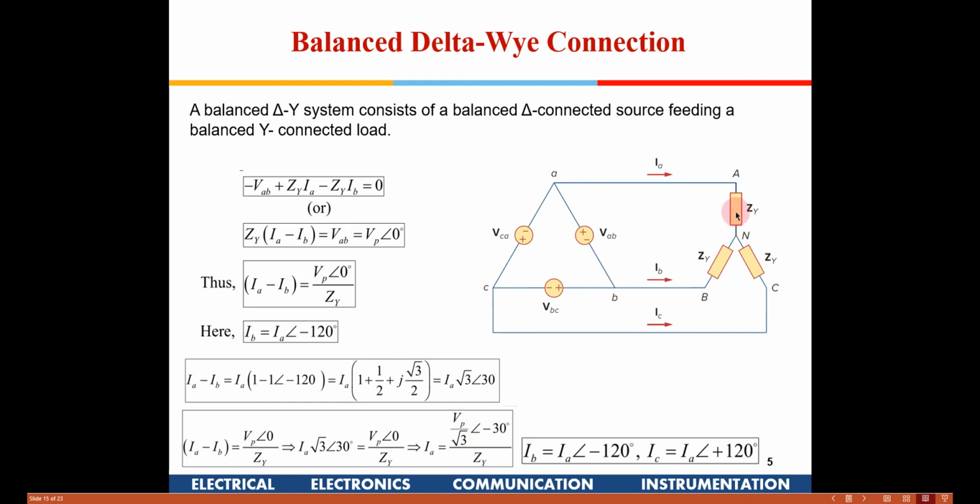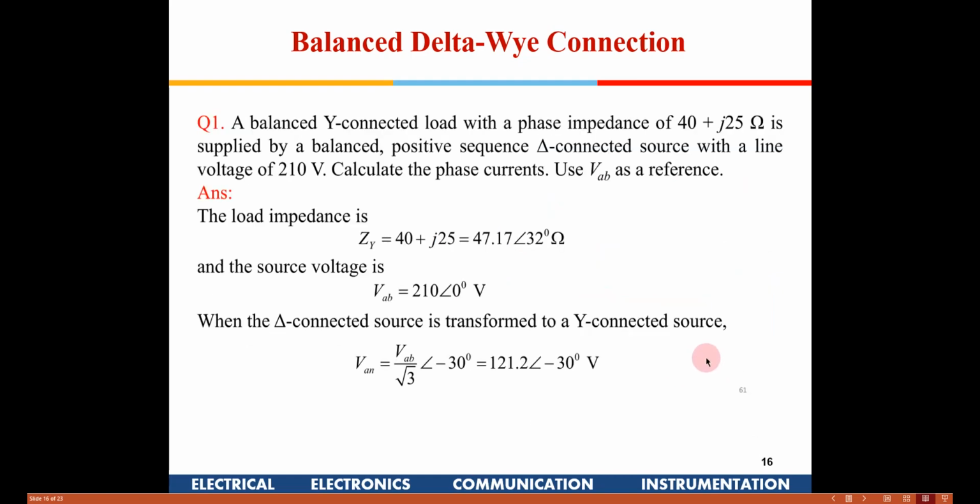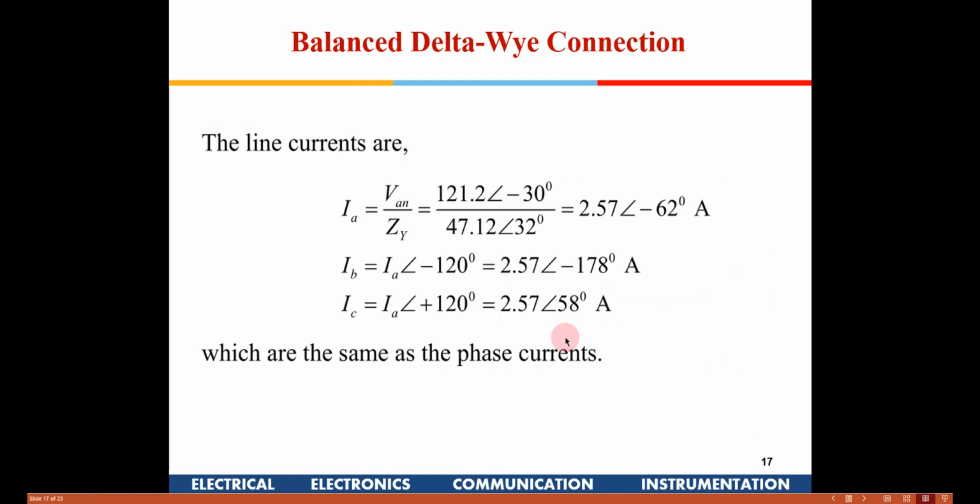When you have a delta here and a Y here, to find the current we can't divide the line voltage by the impedance, because the line voltage is applied across a combination of these. If you see the derivation, to get the current through each of these phases, you need to first convert the line voltage into phase voltage and then divide by the impedance.